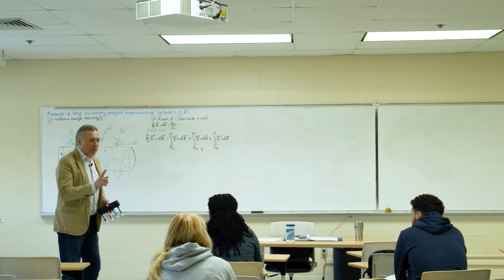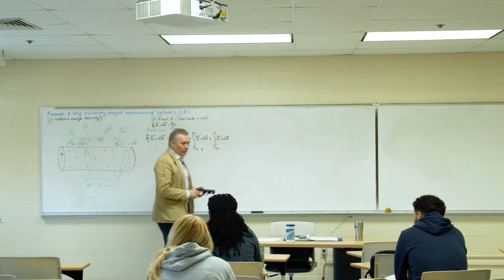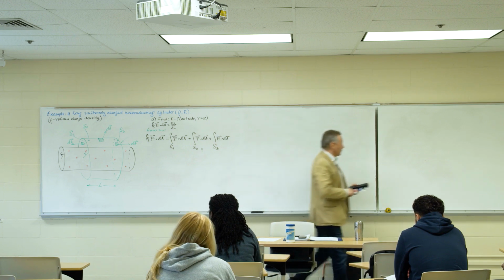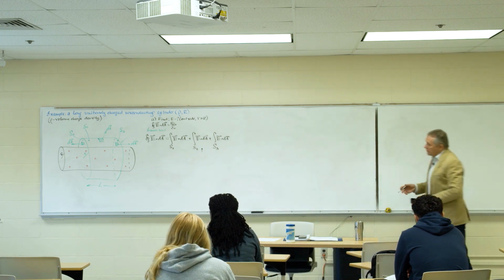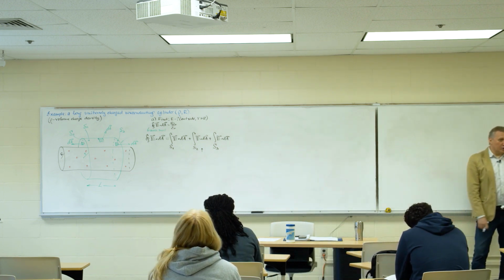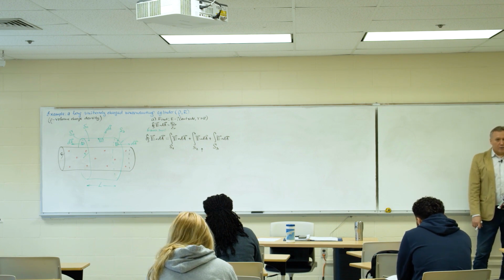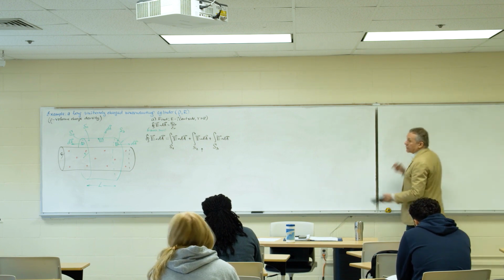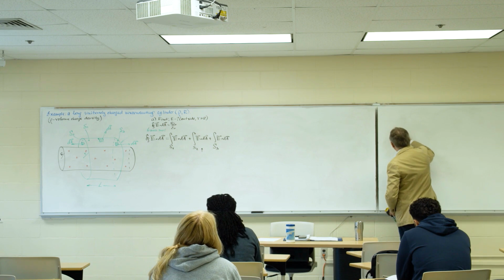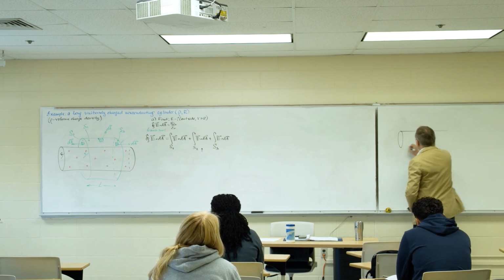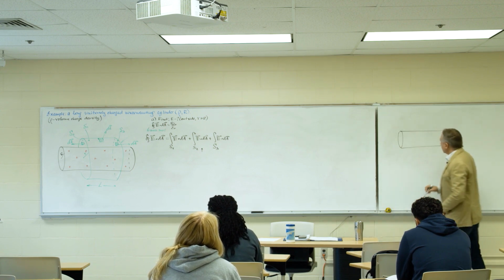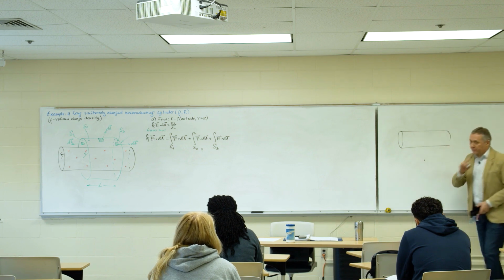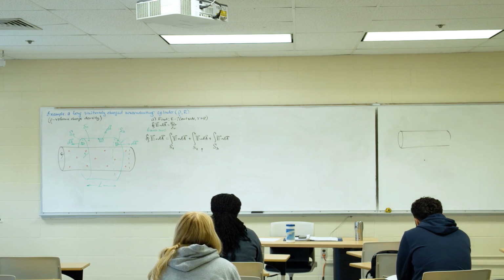Okay, so let me justify the direction of the electric field very quickly. Although by looking at the symmetry, you should be able to guess, right? So let's say this is our charged cylinder, and let's say I want to find the direction of the net electric field at that point.